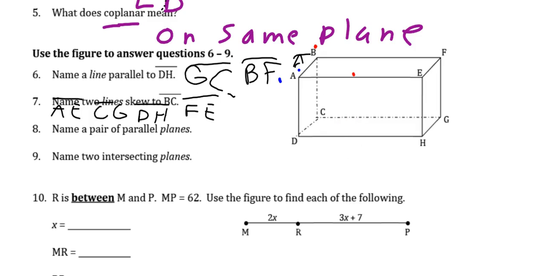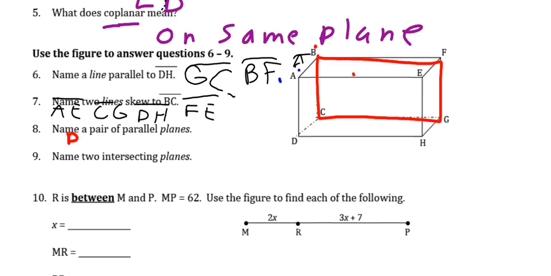And then, what is parallel to the front? The back. Right? So if you want to name parallel planes, just pick two opposite planes, top and bottom, left, right, front and back, and name them.